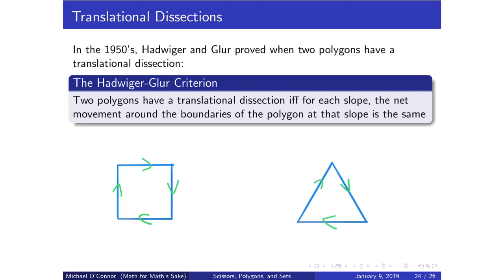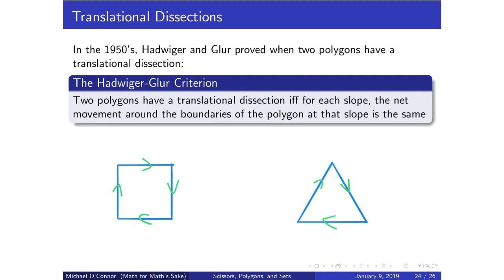And then you look at every possible slope. So for example, say you're considering vertical slopes. This square moves up 1 unit vertically and moves down 1 unit vertically. So it has a net movement of 0 vertically, and these things don't count. This triangle doesn't move at all vertically. So that also has a net movement of 0. So that works.